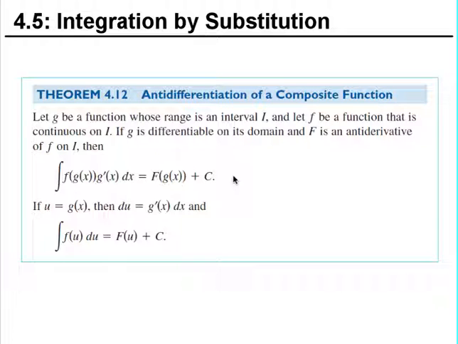What I want you to do is look at the bottom line there, and look at this: the integral of f of u du equals F of u plus c.